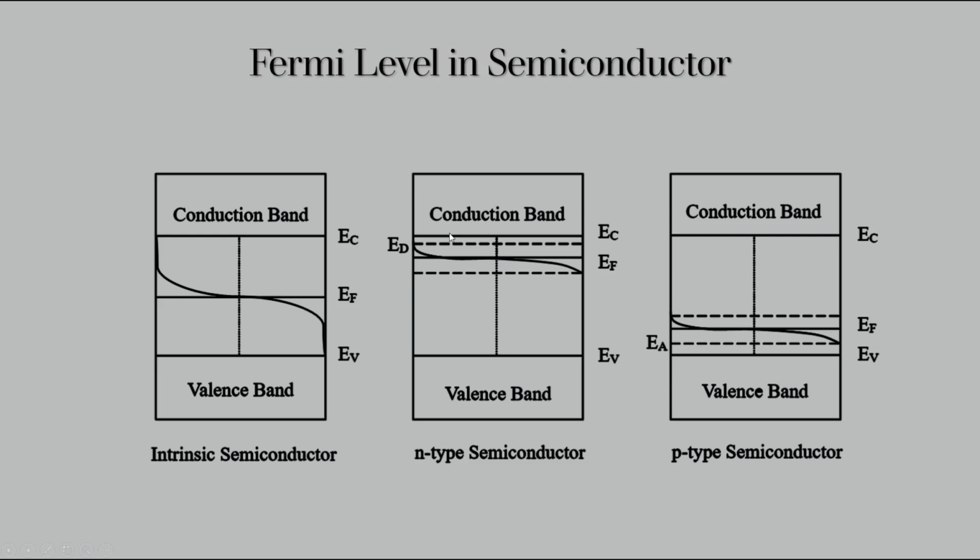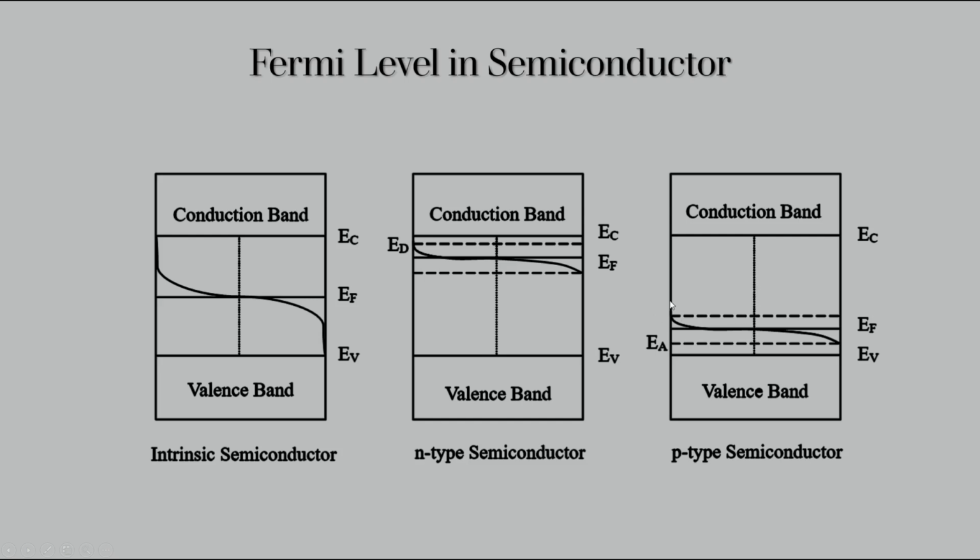Now the case will be totally opposite when we consider a p-type semiconductor, where the Fermi level will come down as the valence band moves up to this range, given by Ea, due to which the number of electrons reduces and the number of holes increases, and the affinity of electrons to move towards the conduction band will decrease. So that is why the Fermi level will shift down.